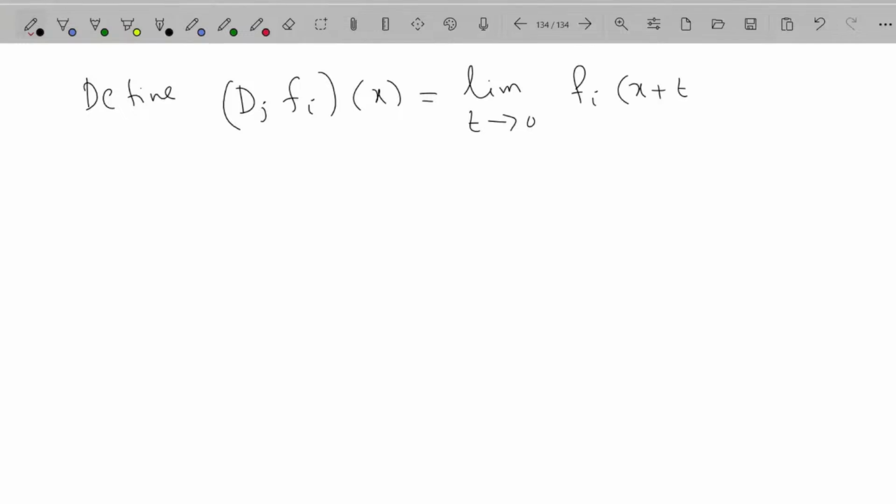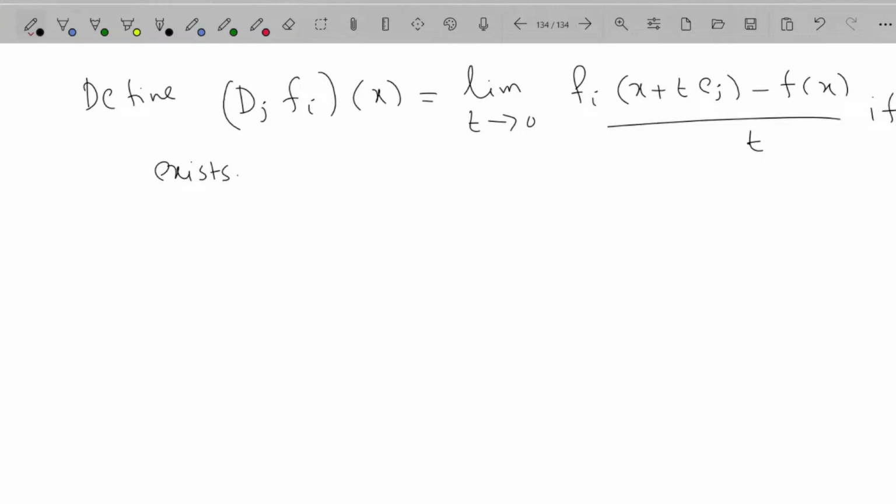In general, let me just define it first. We write Dj fi of x equals the limit as t tends to 0 of fi of x plus t ej minus fi of x, divided by t, if it exists.